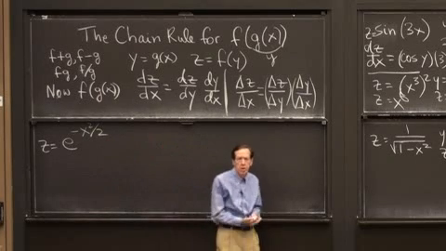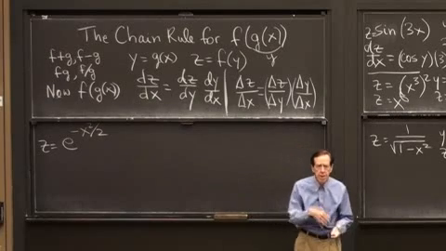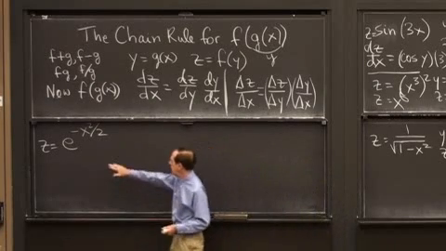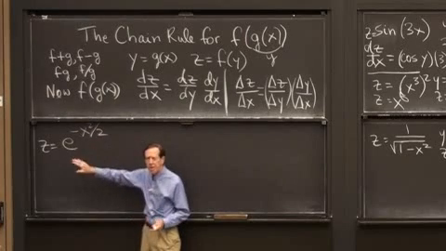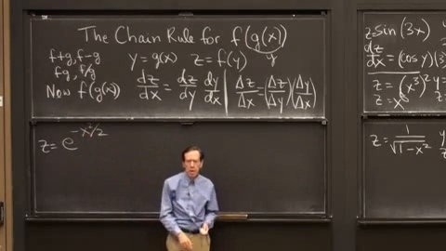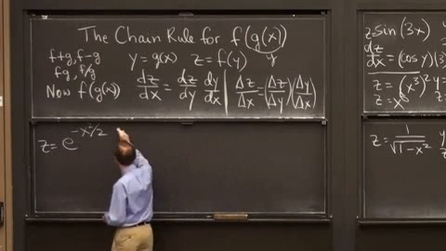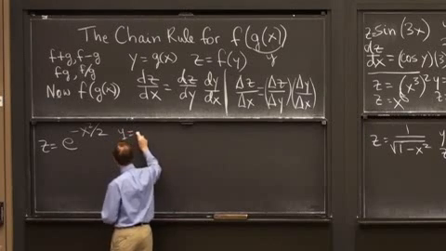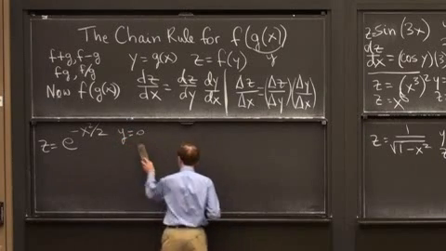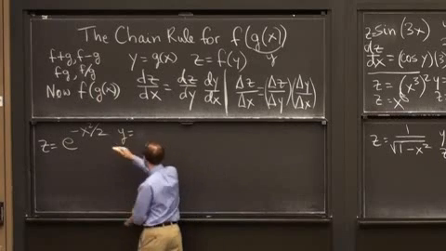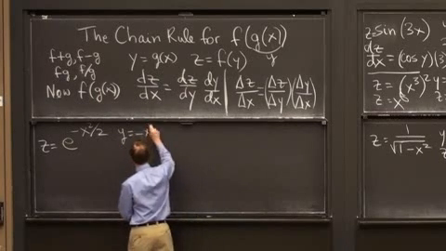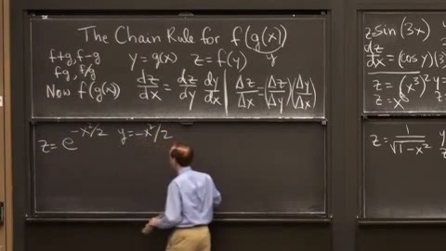Okay, so what are you going to take? This often happens. We have e to the something, e to some function. So that's our inside function up there. Our inside function y is going to be minus x squared over 2, that quantity that's sitting up there.